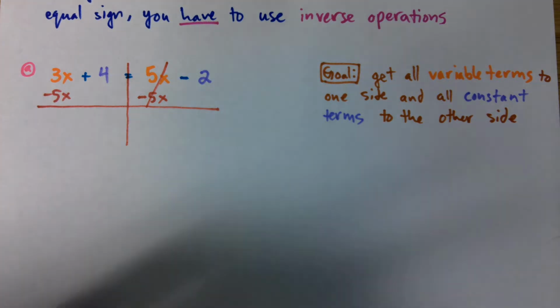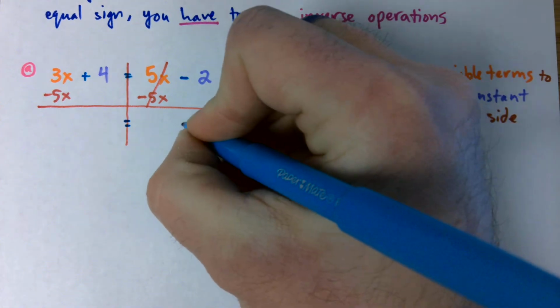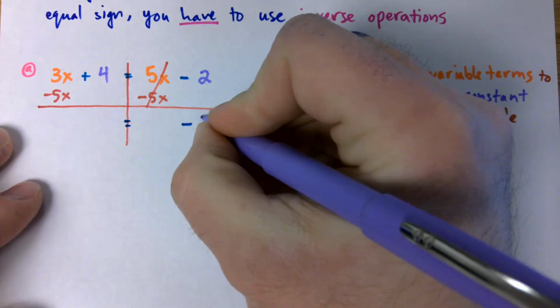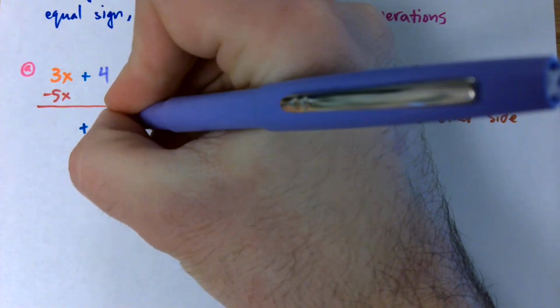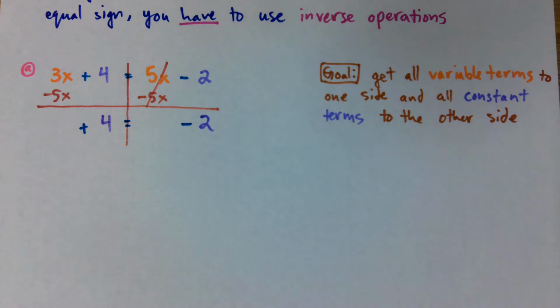And we're just left with minus 2 on the right. We also have plus 4 still here on the left. But what's our new variable term going to be? 2. Very close. Negative 2x.